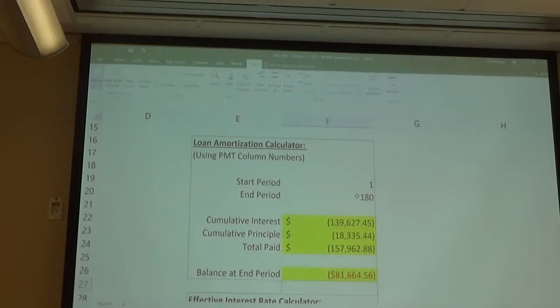So without me punching it in, what's going to happen if I type in 360 as the end period? What is going to be the balance? Should be 0, because the loan's paid off after 360 months.